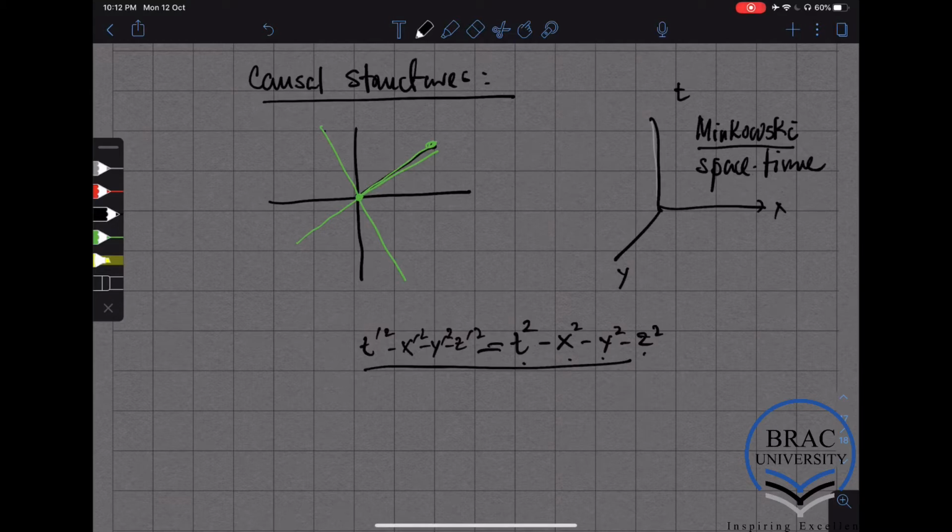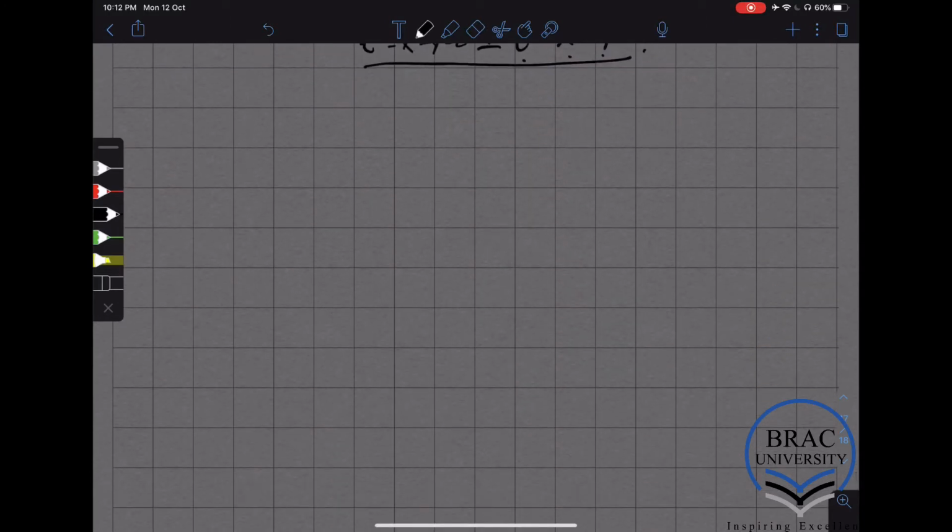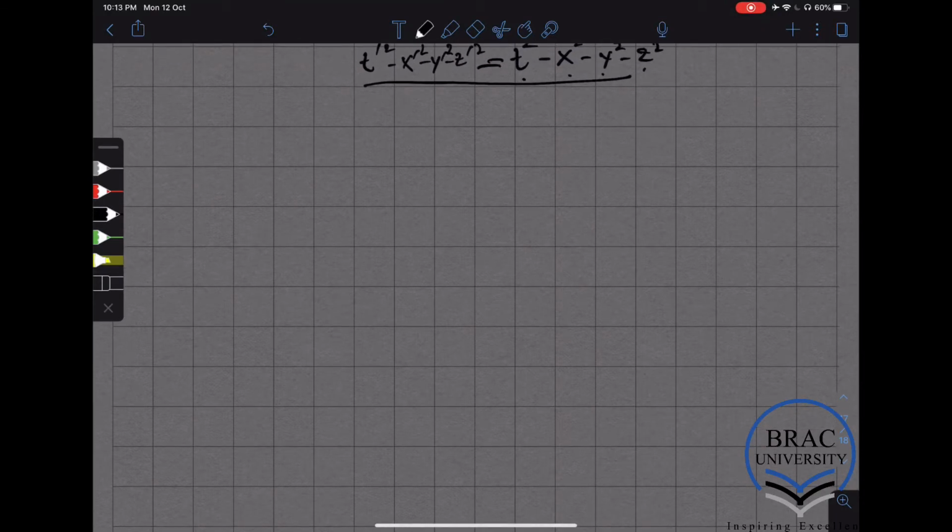So let's ask the following question. Suppose that we have 2 points, x1 and x2, and we compute the interval between them. And of course, if I change to a different inertial frame, this interval is going to remain invariant.